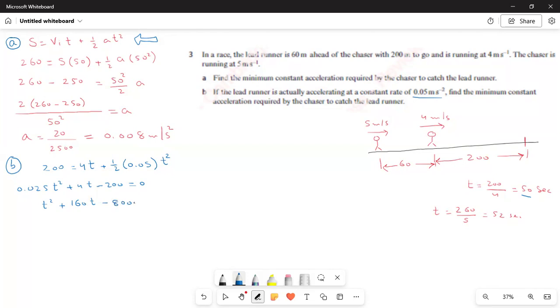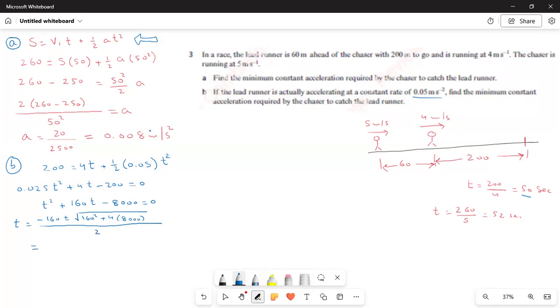It is not necessary, you can solve it without it as well, but it looks a little nicer. Now it's a quadratic equation, so t is equal to minus b plus or minus the root of b squared, 160 squared, minus 4 times a, which is 1, into c, which is minus 8,000, divided by 2a, so 2 times 1.